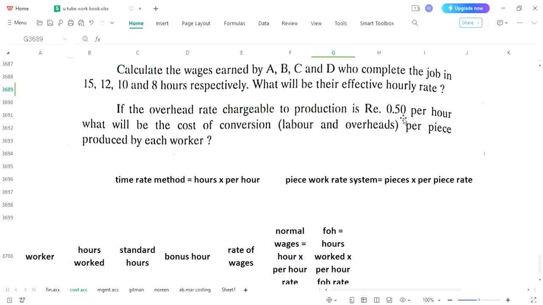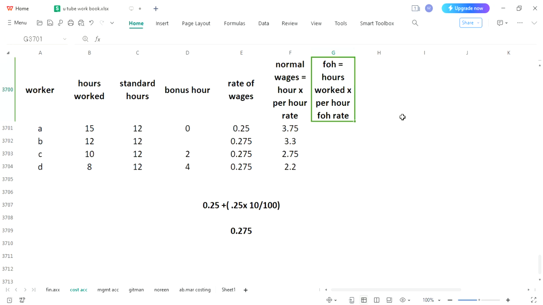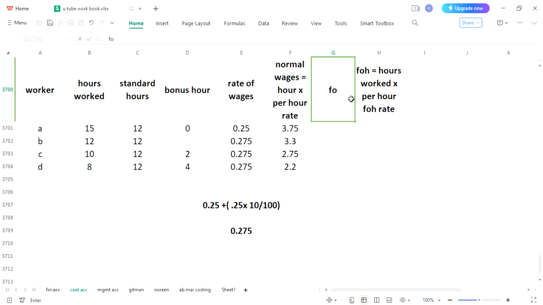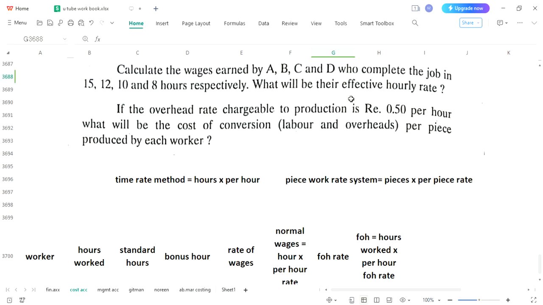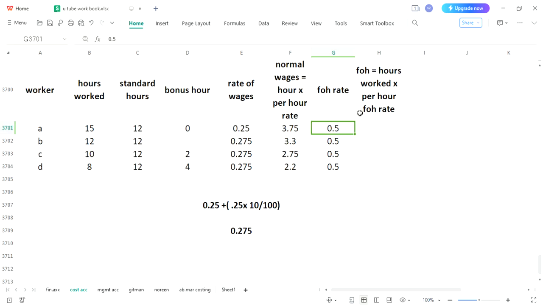FH rate is 0.5 per hour. So here you can shift to the next column and now you will write down FH rate, which is 0.5, and you know that it would be similar for remaining parts as well. It was given in the question, we are not calculating it, 0.5 per hour. So rate is mentioned over here.